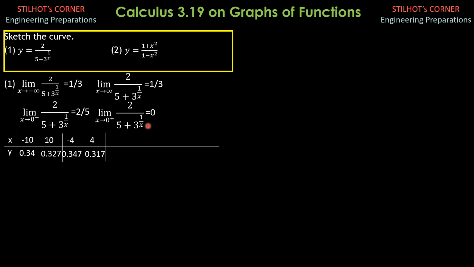When x is negative 2, 0.359; 2, 0.297. Negative 1, 0.375; positive 1, 0.25. Then negative 0.5, 0.391; positive 0.5, 0.143.